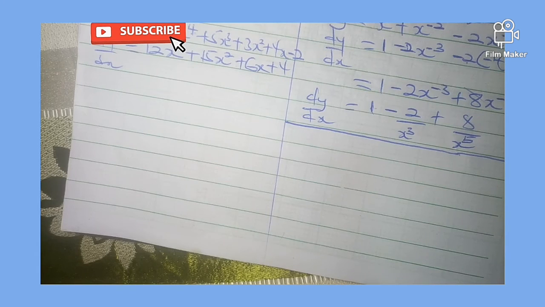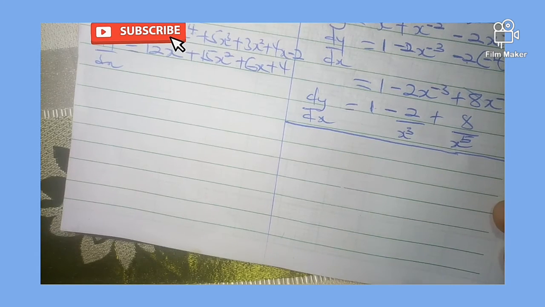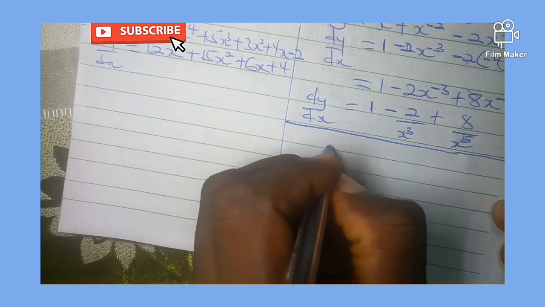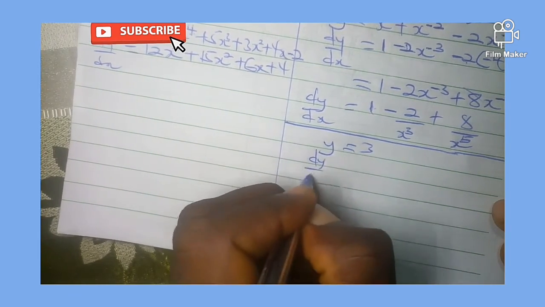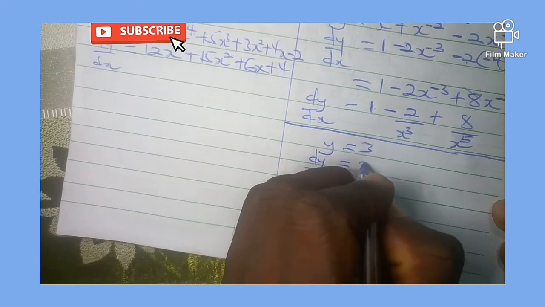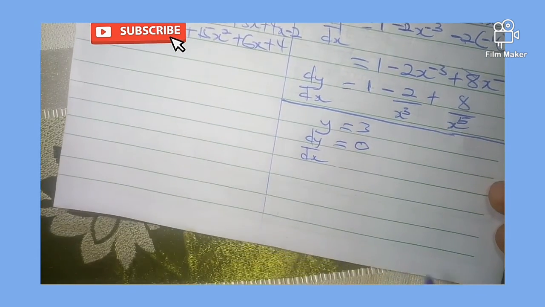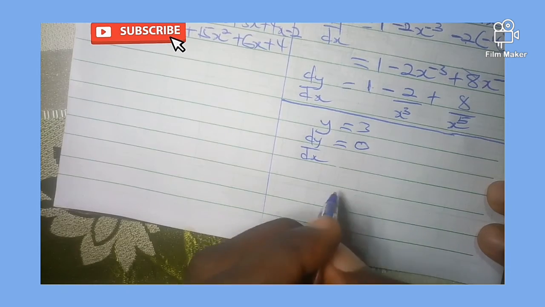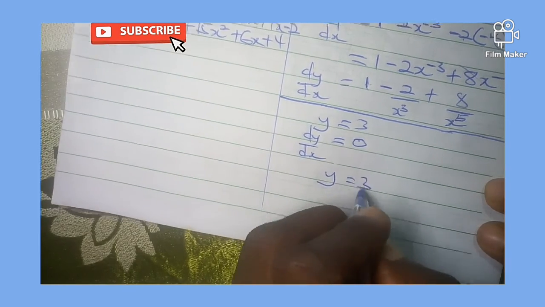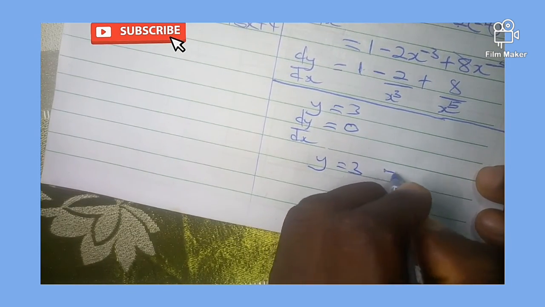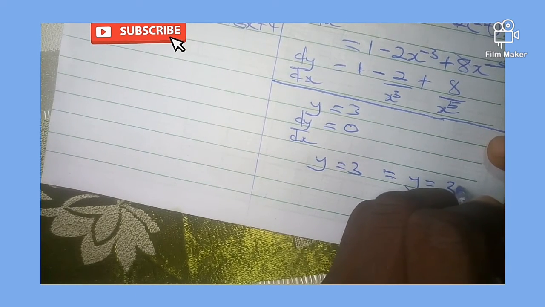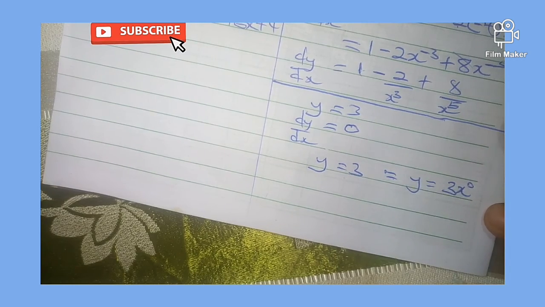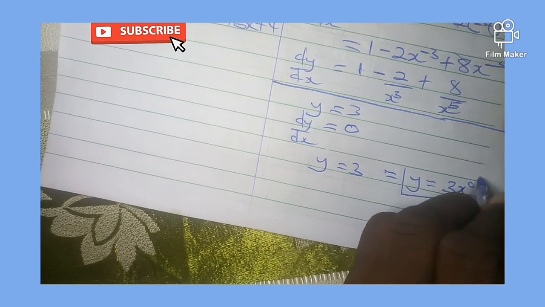Now let's look at why the derivative of a constant is always 0. For example, y is equal to 3. The derivative of y with respect to x is always 0. Why? When I have y is equal to 3, I can also write it as y is equal to 3 x to the power 0. Good. Now let's differentiate this one.